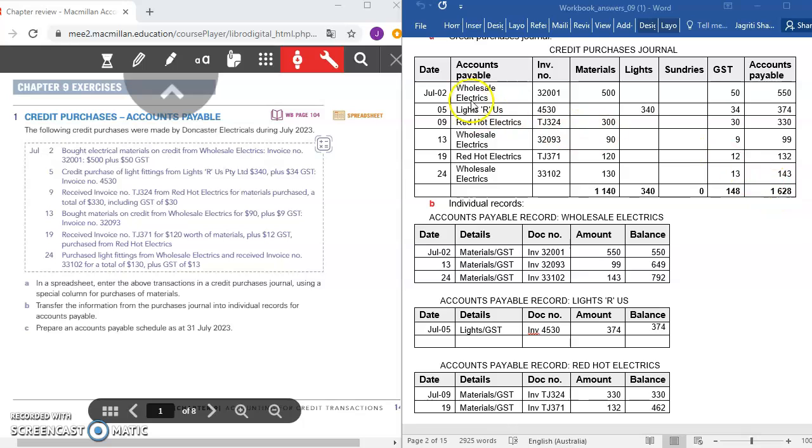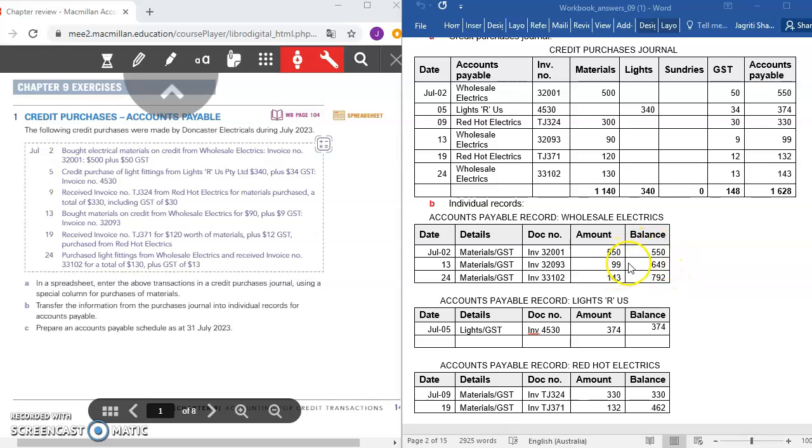Now next Wholesale Electrics is July 13th. So July 13th again I purchased materials for $99, invoice 32093, amount $99. The amount that comes here is going to be $550 plus $99, which is $649.